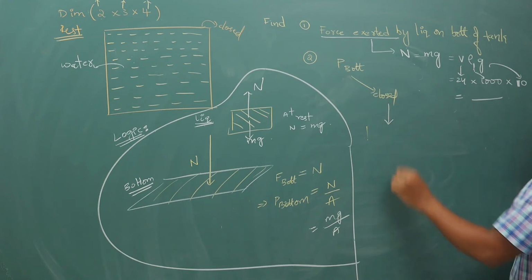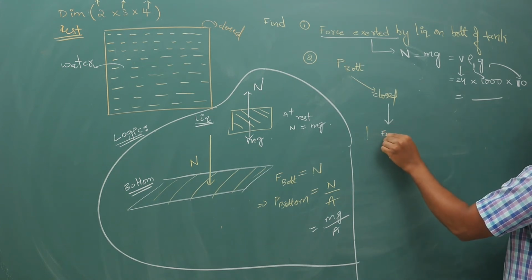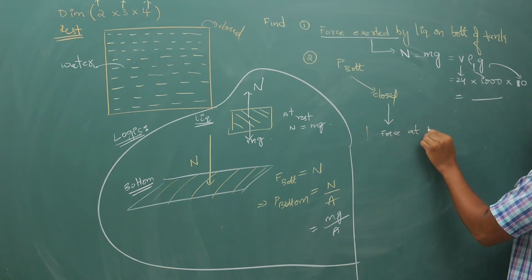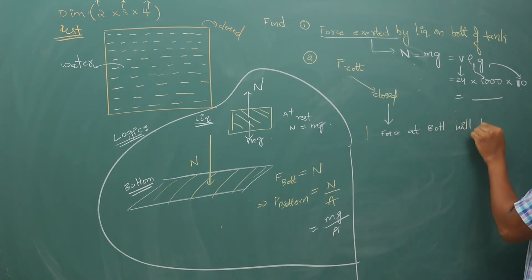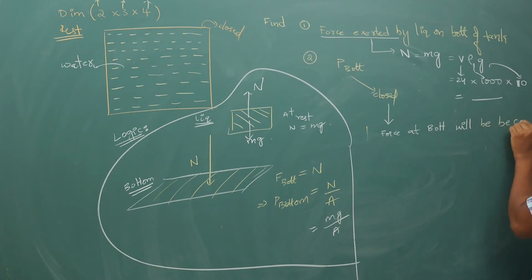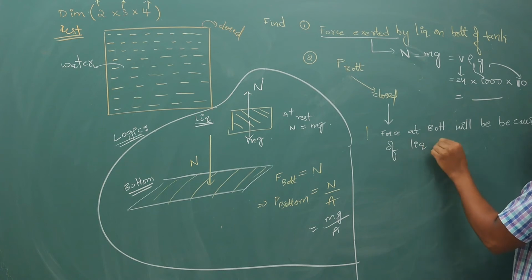If it is a closed container, your force will be only because of the liquid alone. For a closed container, the force at the bottom will be because of the liquid alone.